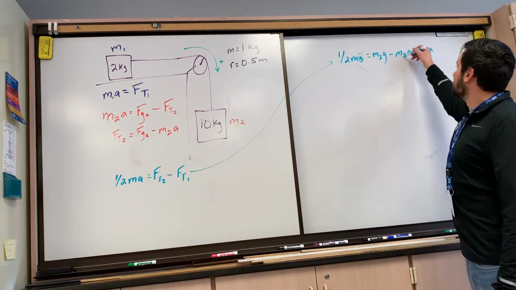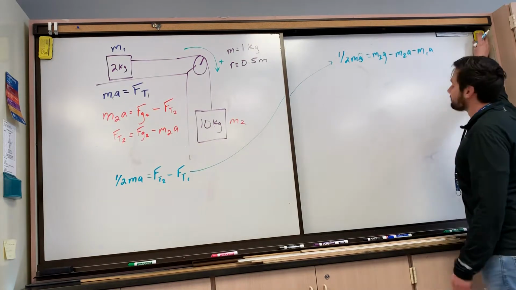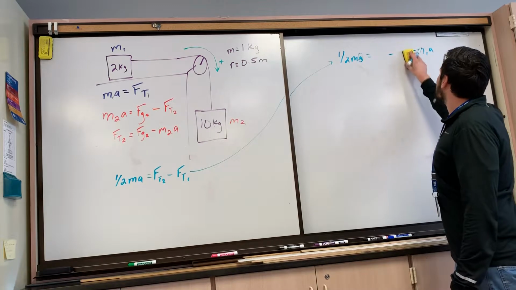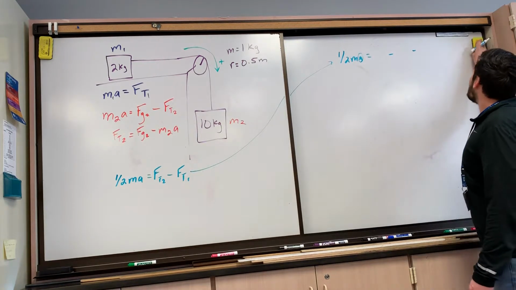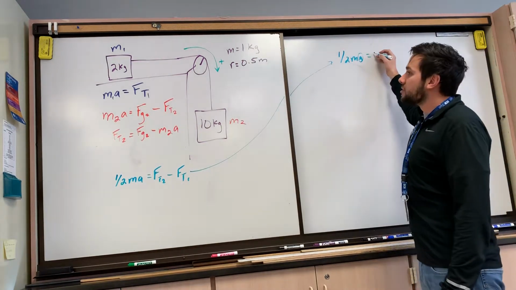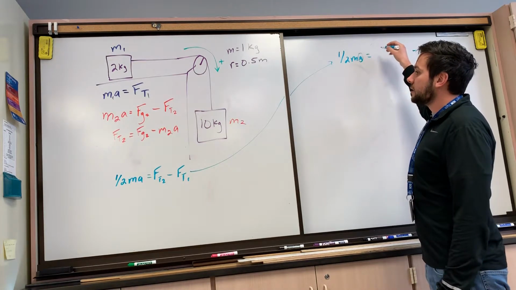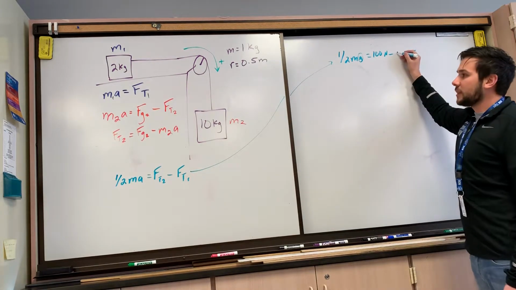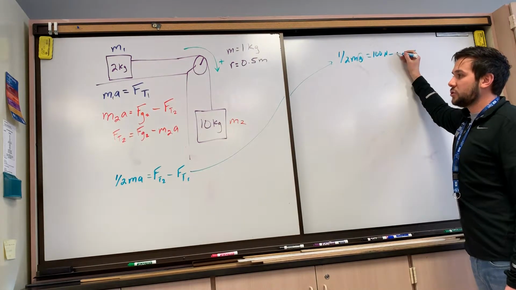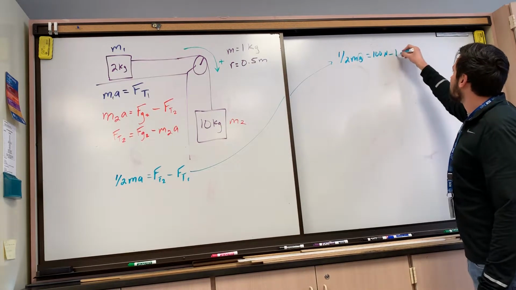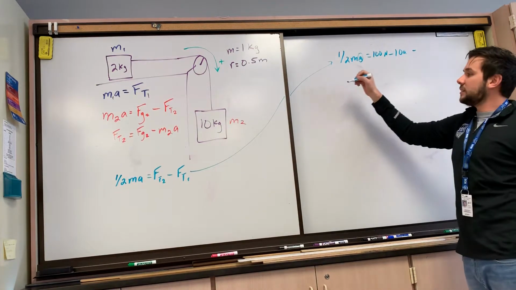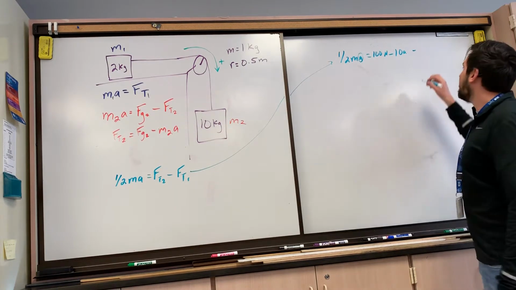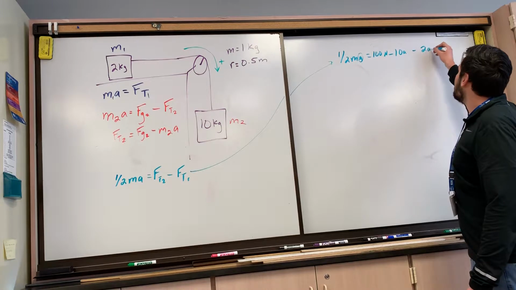So I'm going to go ahead and do that. Let's substitute our values in. I'm going to use 10 for g, just because it's an easier number to use, and we're just talking theoretical here to help us solve our problem. So it becomes m2g, m2 is 10, so that's 100, minus m2a, and m2 is 10, so 10a, and then it becomes m1a, minus 2a.